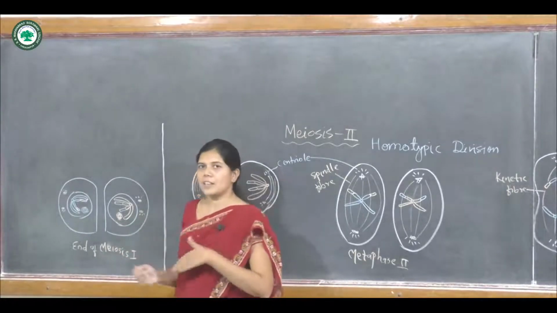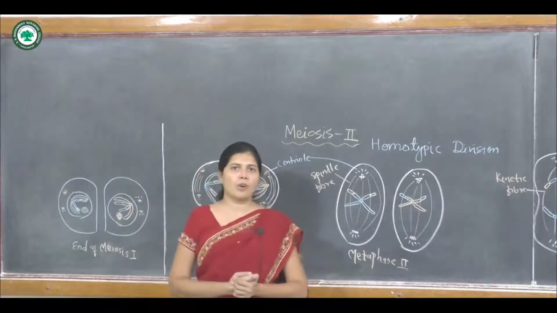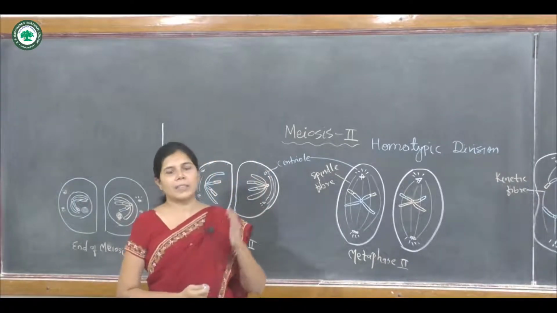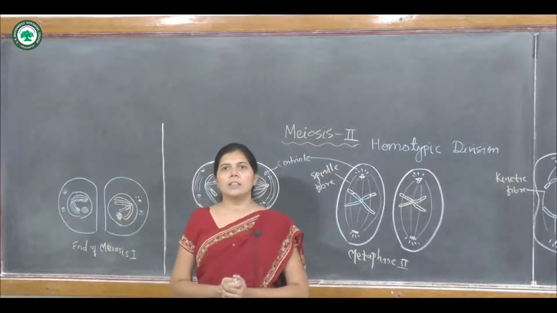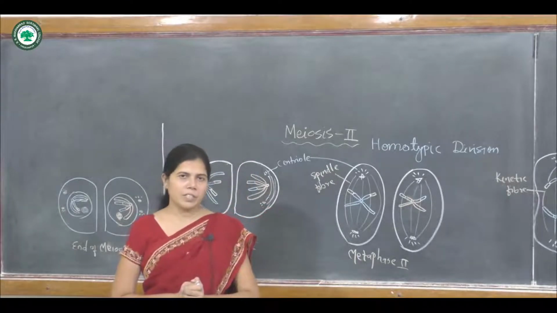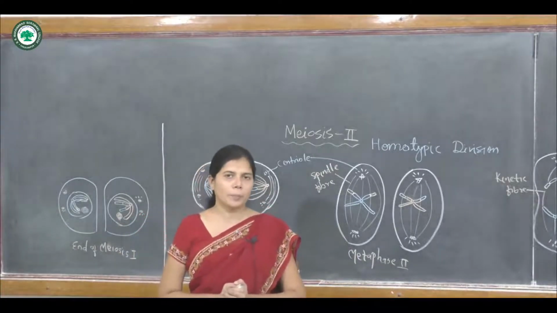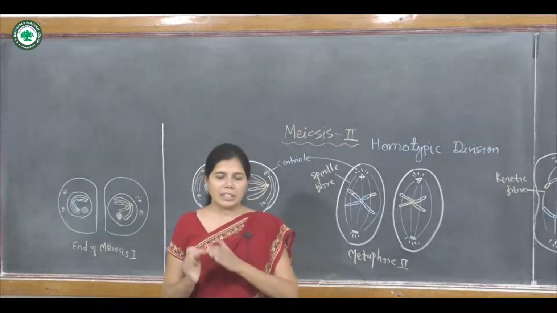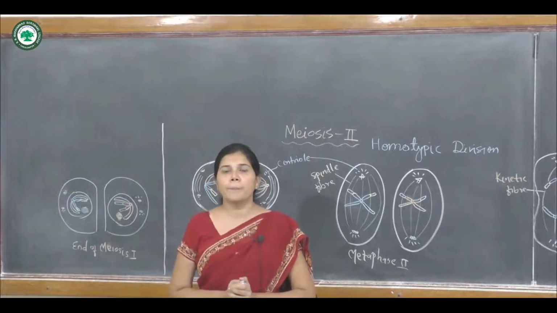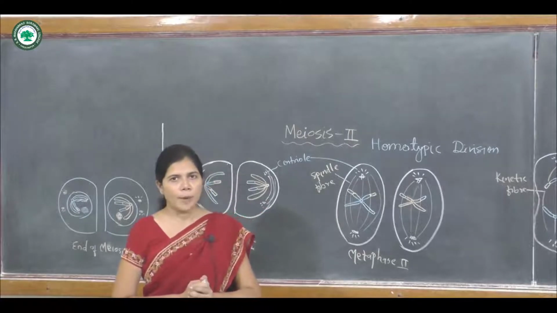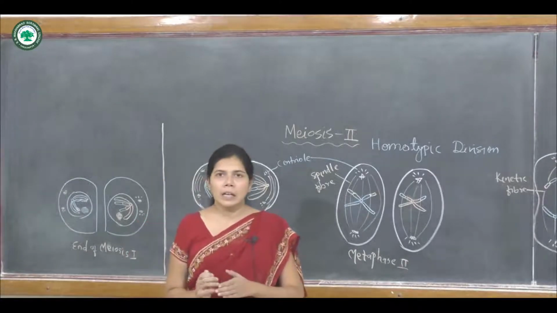These daughter cells now undergo meiosis II, and meiosis II is the homotypic type of division. Why is it known as homotypic? Because it is equal to mitosis.